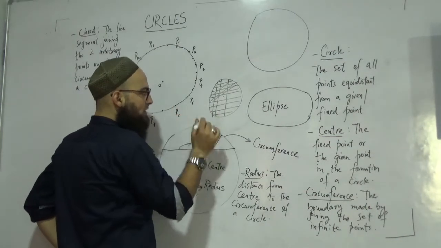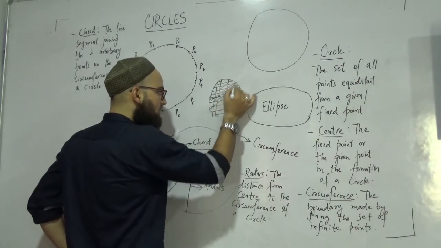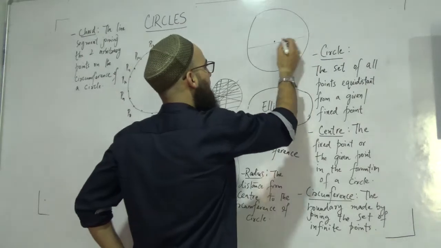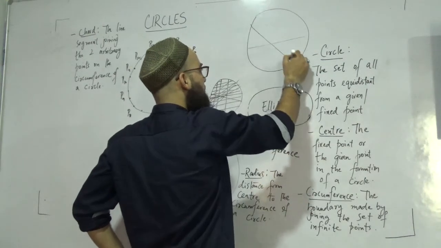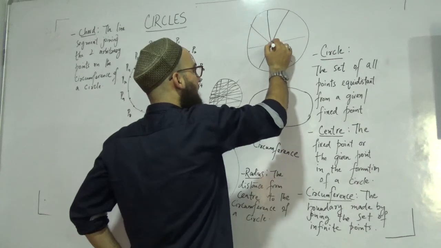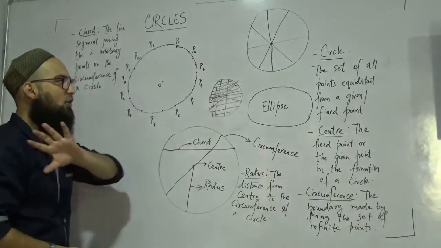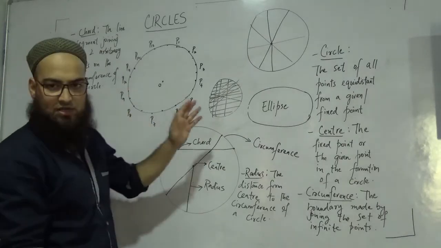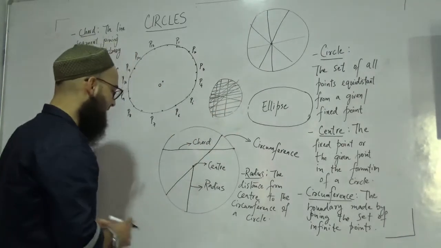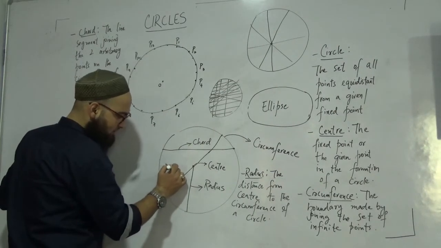But the chords which pass through the center like this one, this one, this one, any chord like this which passes through the center, these are the longest chords. The longest possible chord in the circle is this chord which passes through the center, and that chord is called the diameter of a circle.